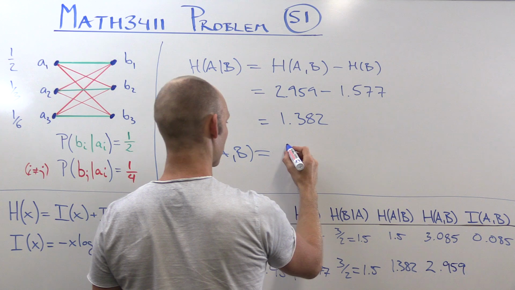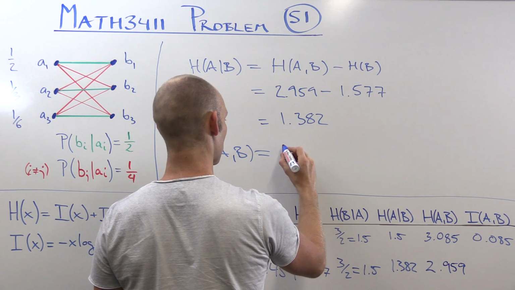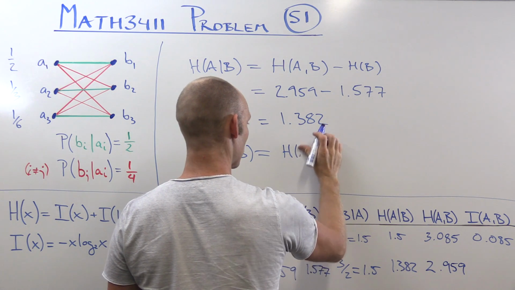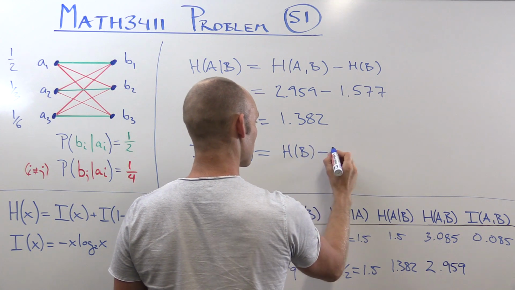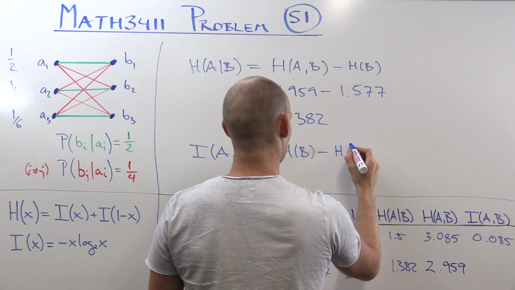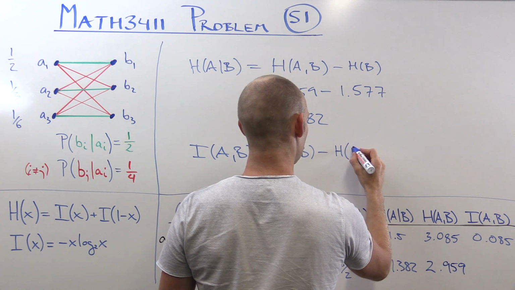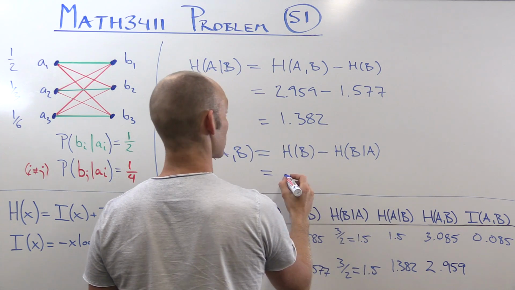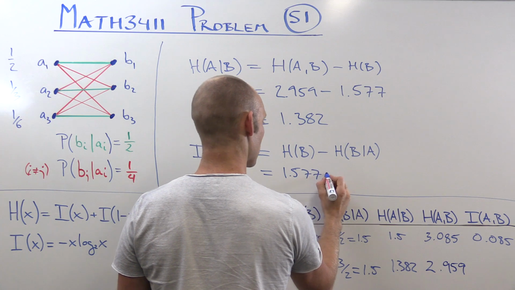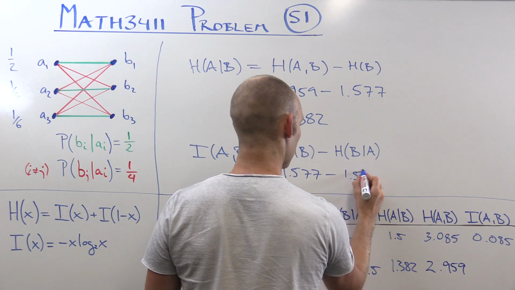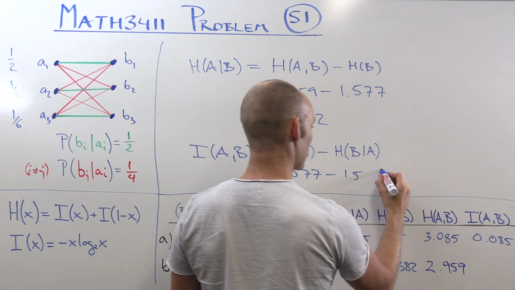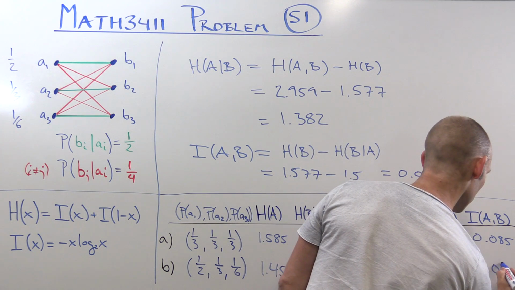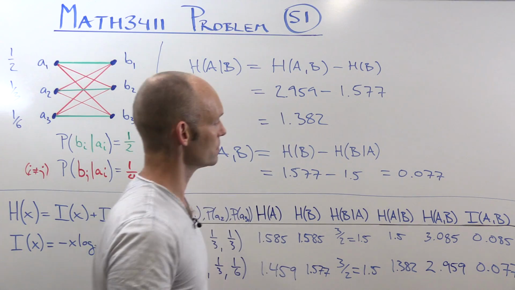That's what we get by saying the entropy of, let's say, B, since we've just calculated that, minus the entropy of B given A, and that gives us 1.577 minus 1.5, which we found in the beginning, and that's equal to 0.077. So that's the final number that we have here, and we are done.